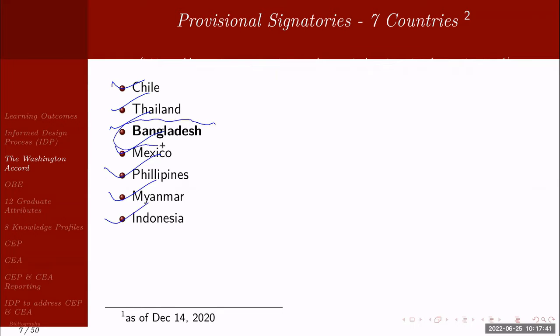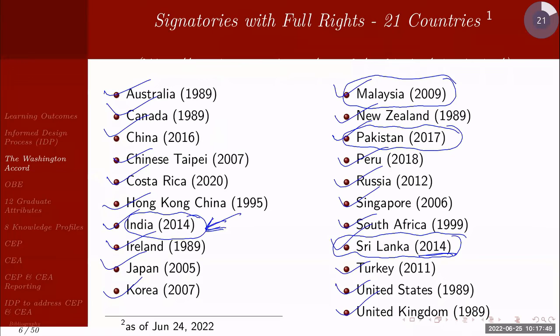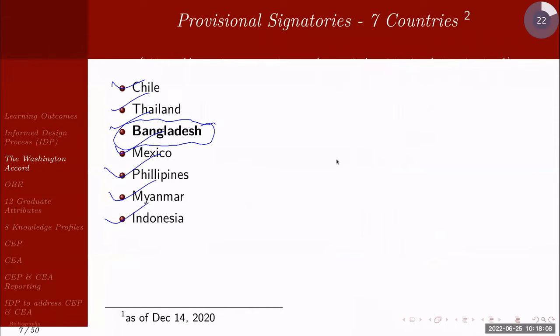So we are hoping very soon Bangladesh, inshallah, will attain its full rights. When the accreditation agency of Bangladesh has the full right, then whichever program is accredited by that agency will be recognized by all these countries. That will be an excellent thing.